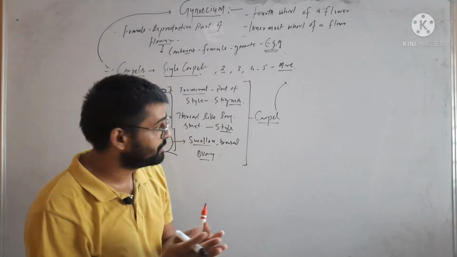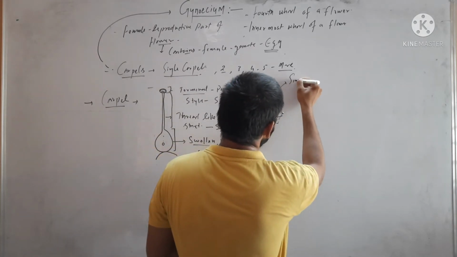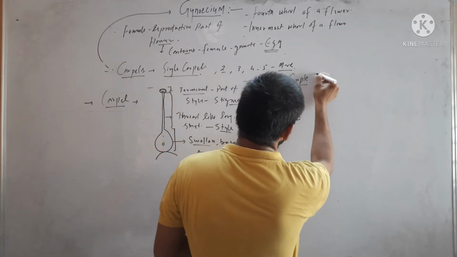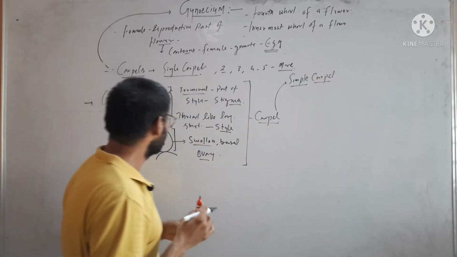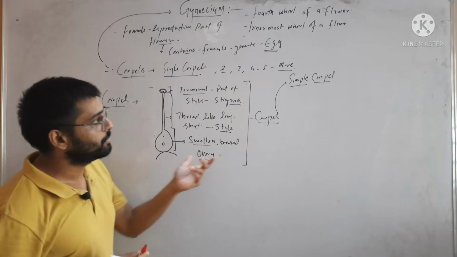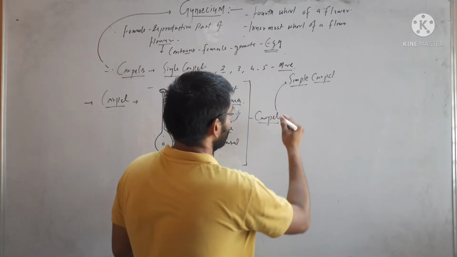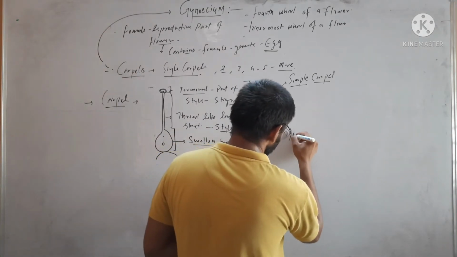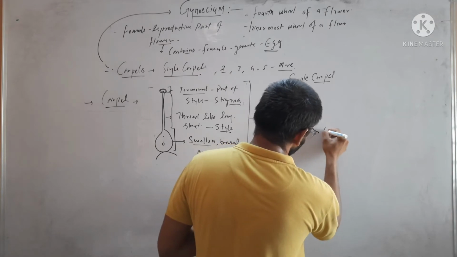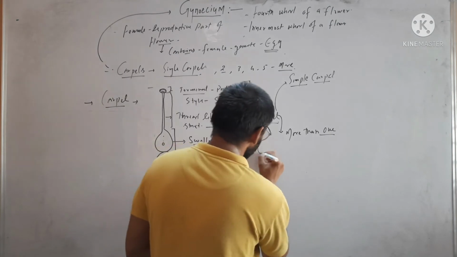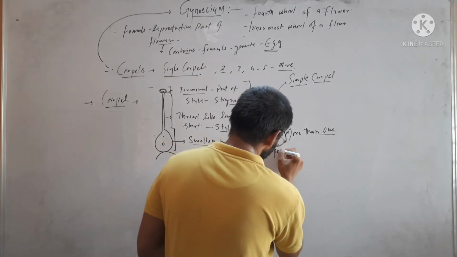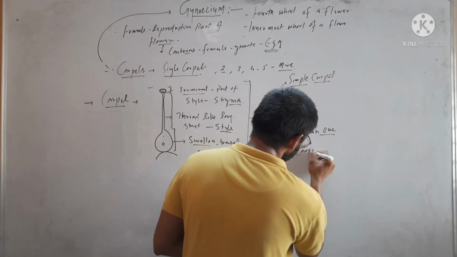So in a flower a single carpel may be there, that is called a simple carpel. If a single carpel is there, then it will be called a simple carpel, or carpels may be more than one. In that case, the carpels are called compound carpel.